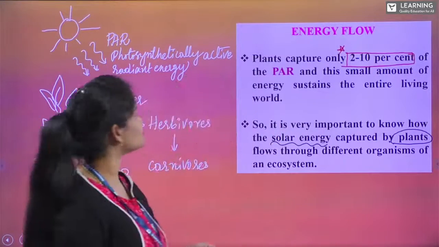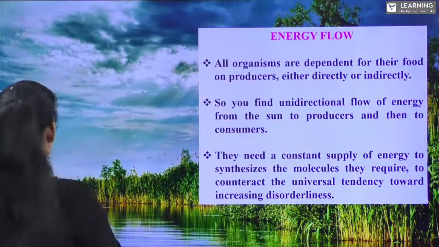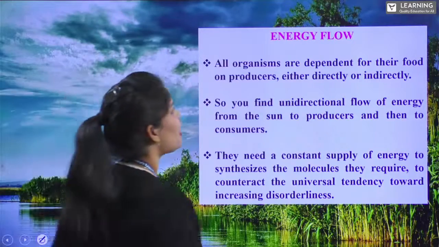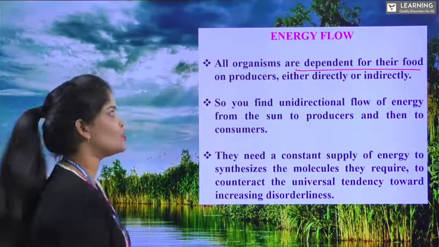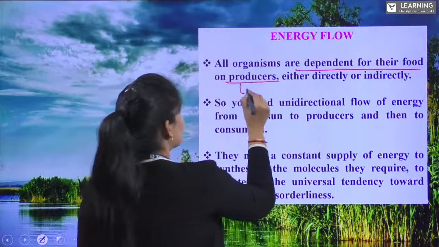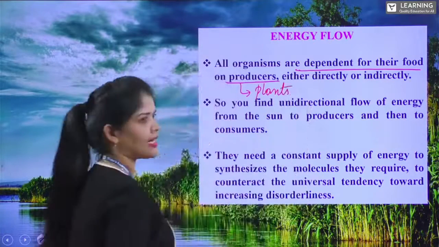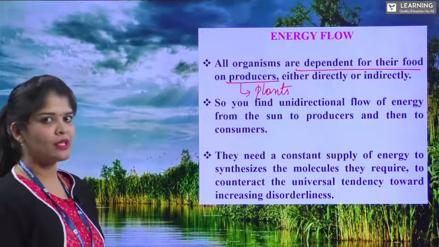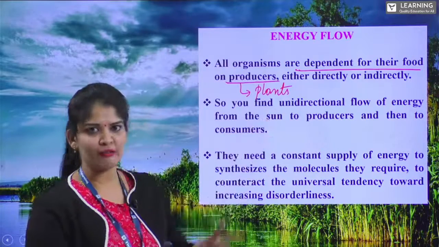Now, here, all organisms are dependent on the food from producers. Producers are nothing but plants, either directly or indirectly, because the herbivores will consume the plants as their food.